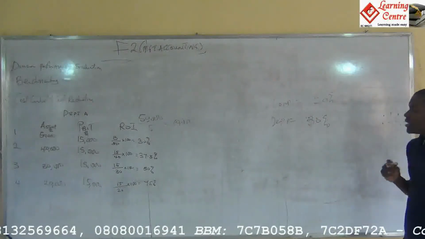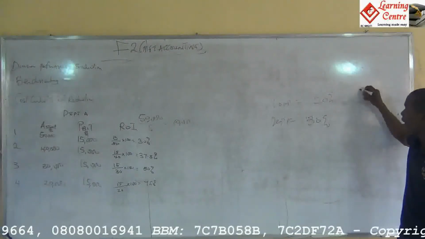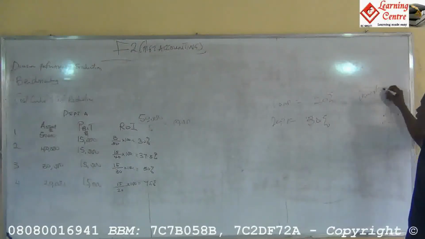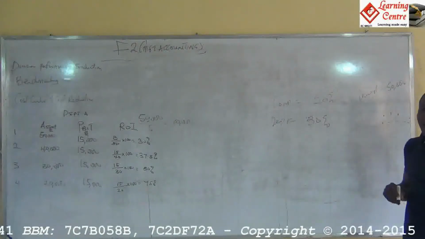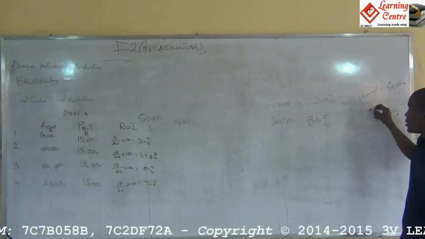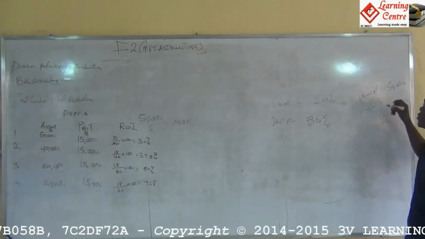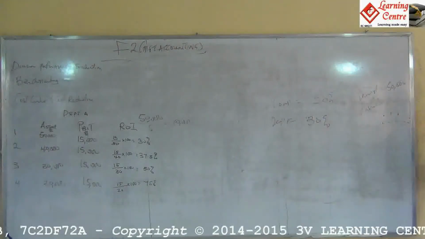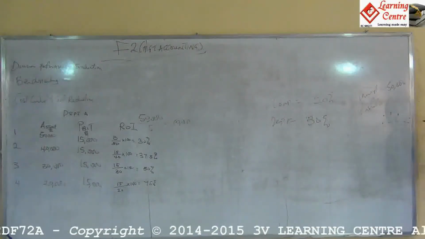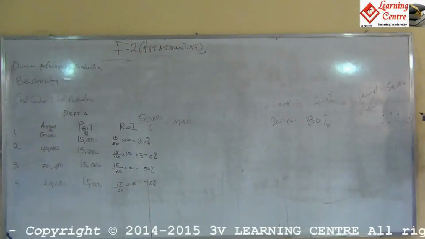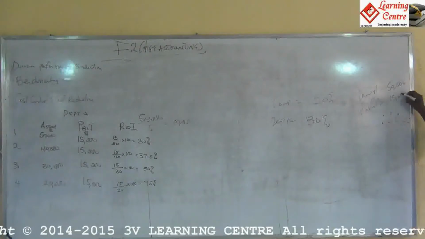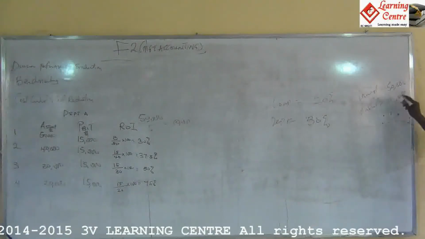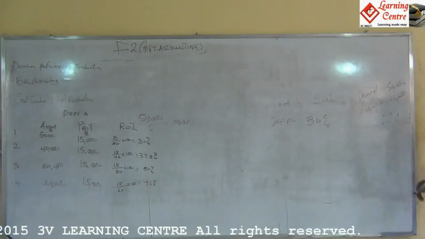The new project will require an investment of, let's say, $50,000, and the profit or returns on the new project is just about, let's say, 12,000. That's the profit.